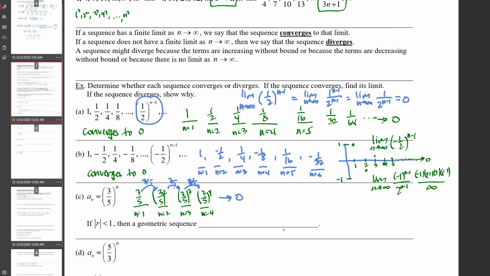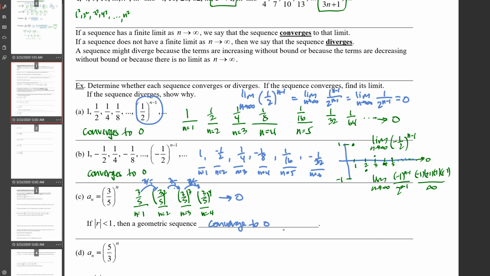So what we can say is that if this common ratio is 3/5 of a geometric sequence, if this common ratio is less than 1, okay, it could be negative too, if the absolute value of it is less than 1, then you're always taking a part of the a sub n before. And so because of that, you will converge to 0 for geometric sequences.